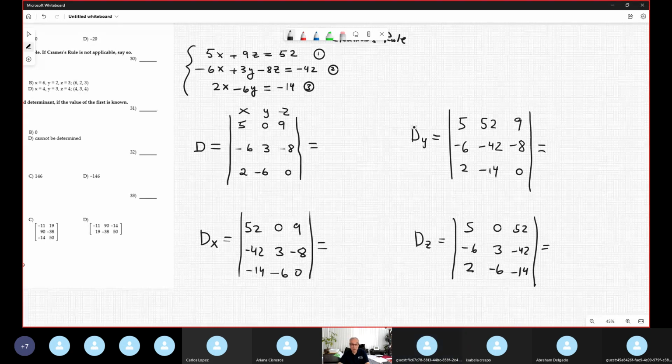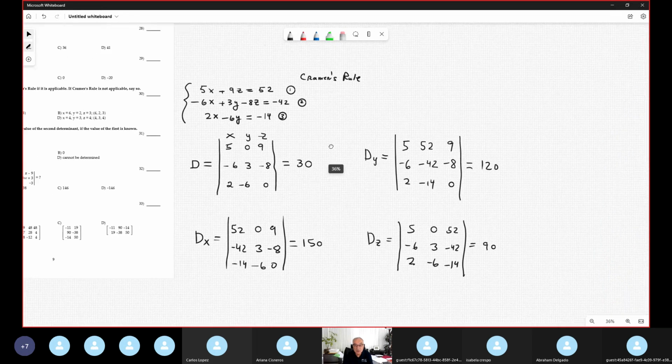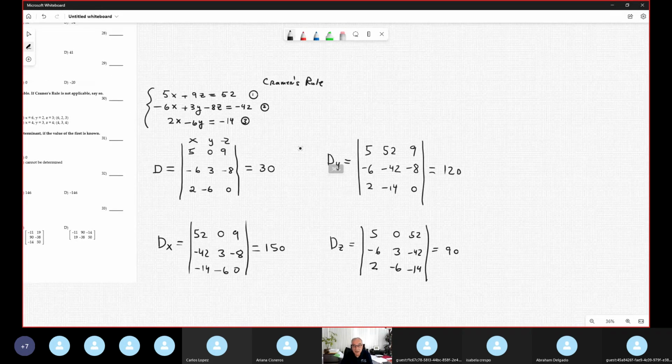So I like, don't do it by hand. No, you go to GeoGebra and you find the number. I did that, and the answer is 30, 150, 120, and 90. Okay, now the rest. What you are doing is finding the X value, getting the solution, the Y value, and the Z value. And this is super easy.